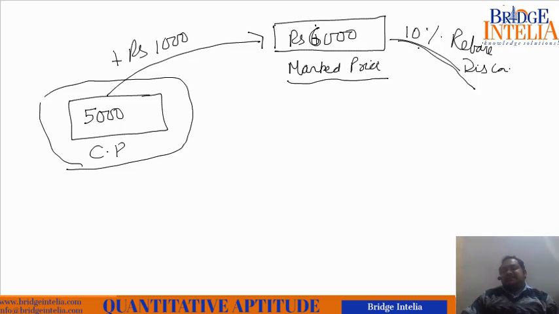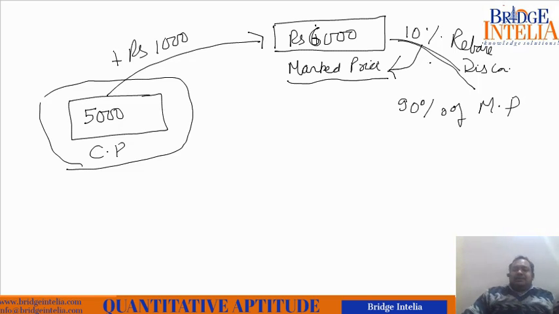So this percentage refers to the marked price. So whenever a discount is given, that discount refers to the marked price, not to the cost price. So if the customer wants 10% discount, it would mean he is willing to pay only 90% of marked price. He does not want to pay 10%. He wants discount of 10%. So out of 100%, he wants the shopkeeper to waive off 10%. So this is the concept of discount and marked price.